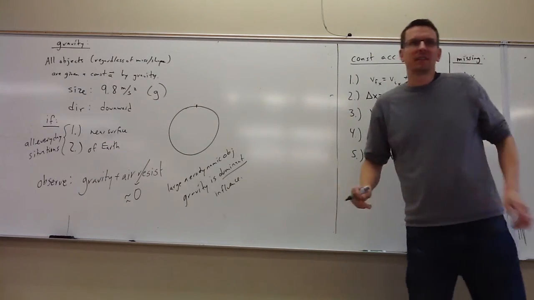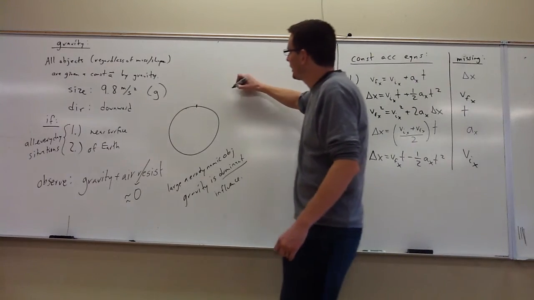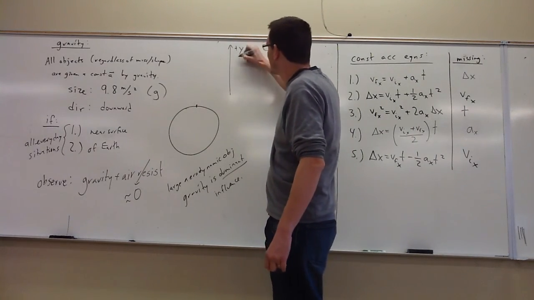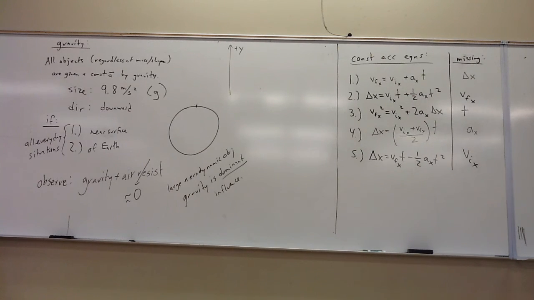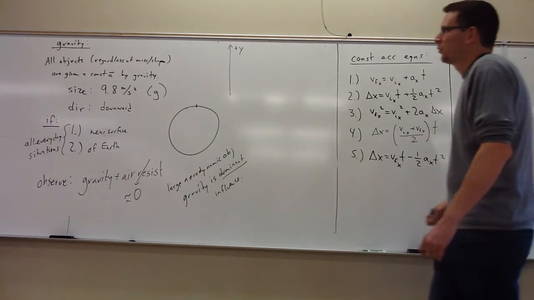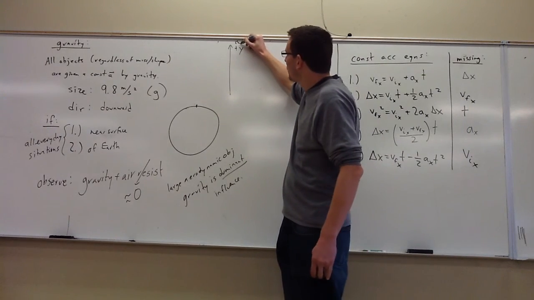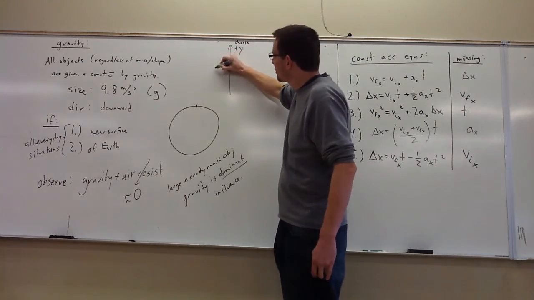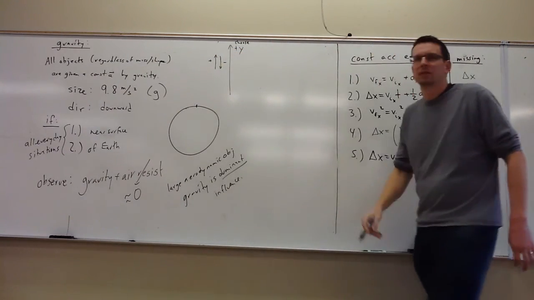Now, we could set the x direction as being vertical, but at some point we gotta acknowledge that we have to use something besides x. So for axes that are vertical, let's use y. So if I choose plus y to be upward, then of course anything that is upward is plus and anything that is downward is minus.